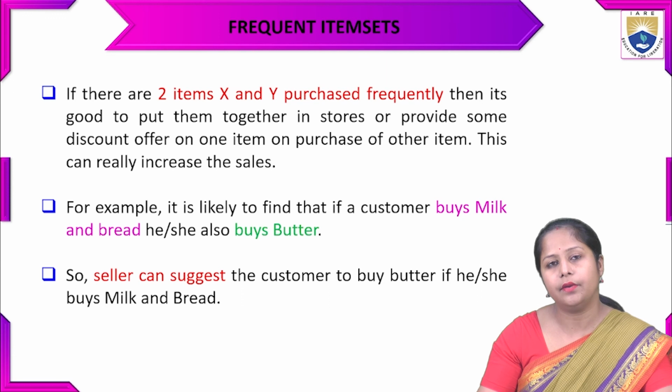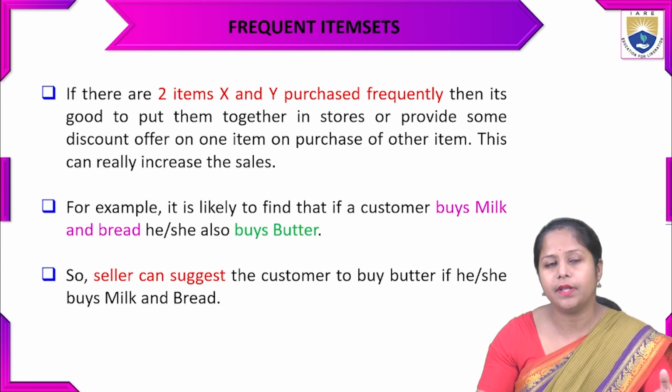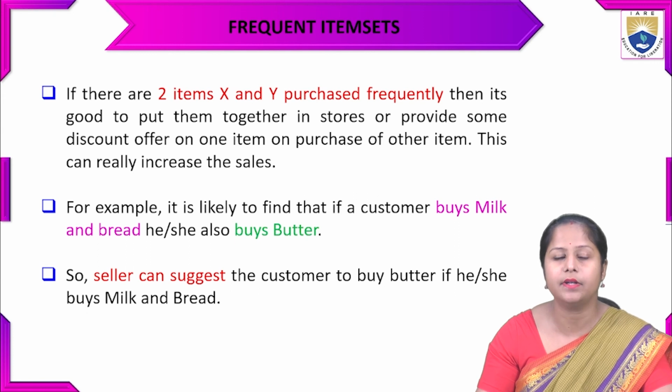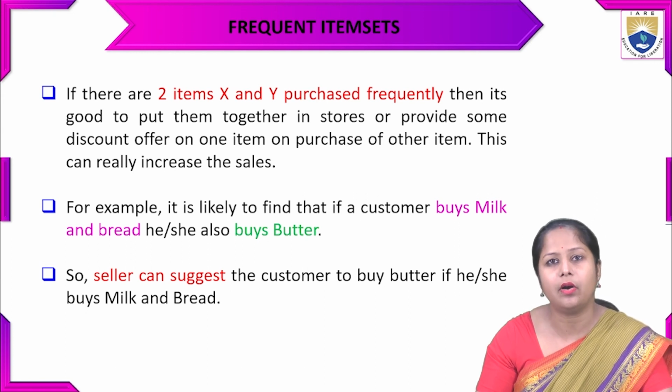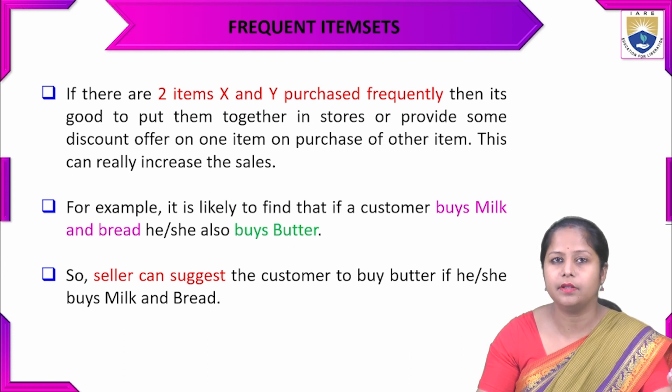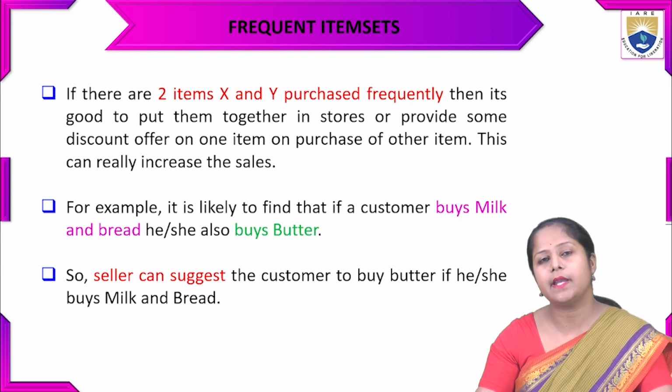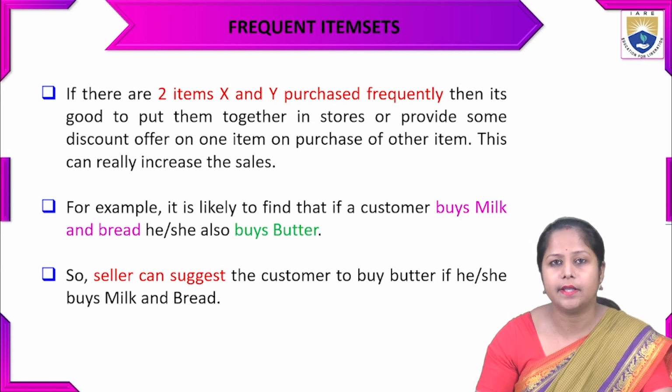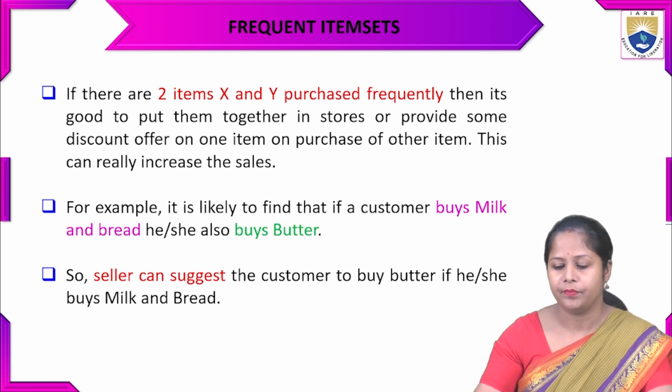So if they purchase one item and there is some discount, some offers, surely the customer is going to buy the other item with it. This can increase the sales of that supermarket store, right?